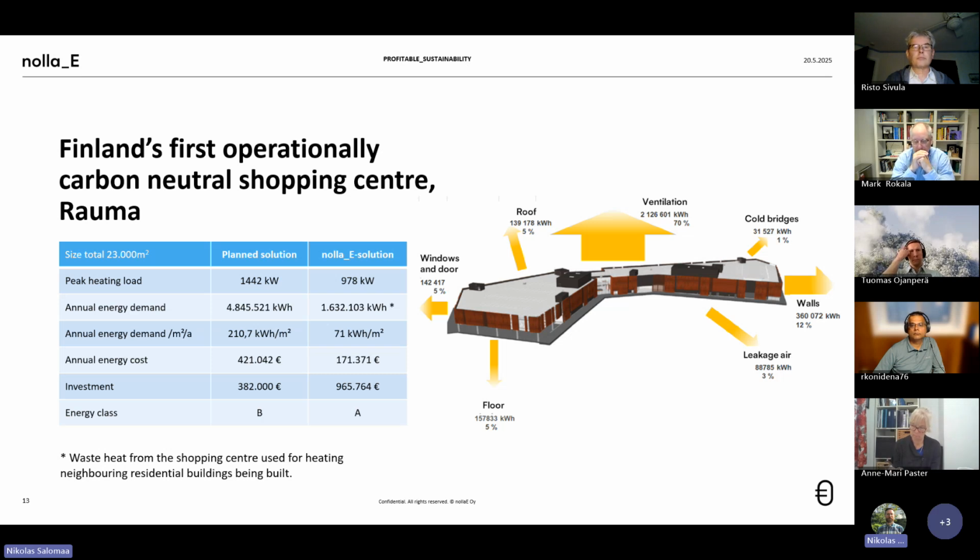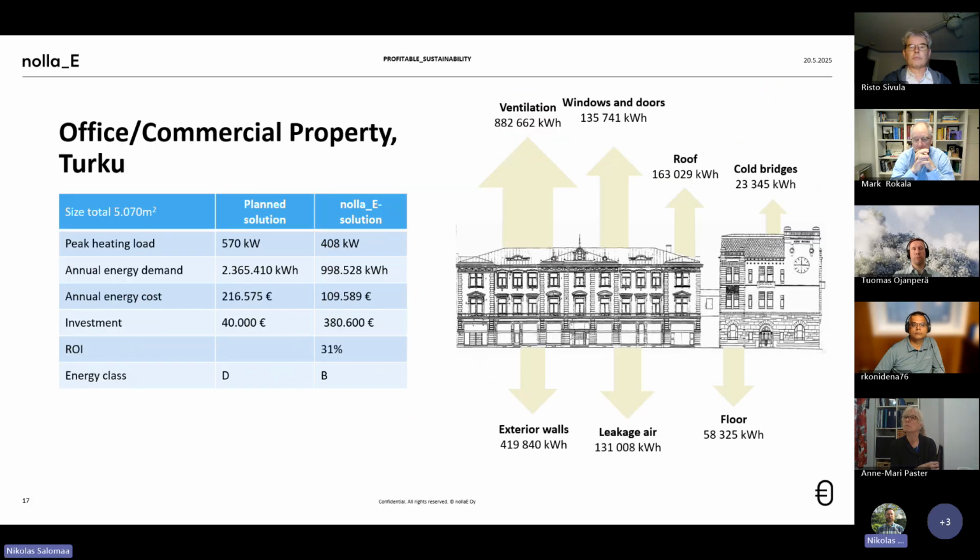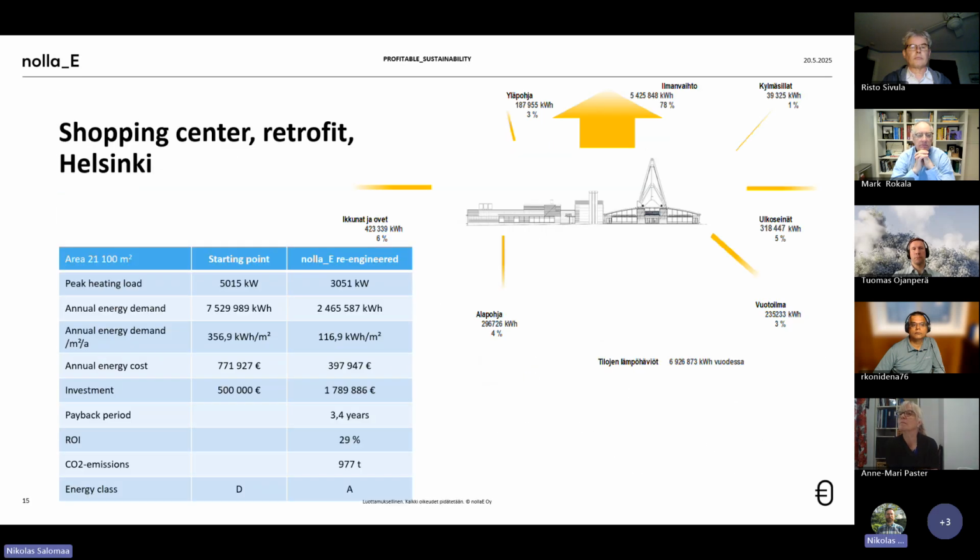They are actually a possibility to have a lot more profitable and valuable buildings if you do it the right way. It's an opportunity to have a lot more valuable buildings and a lot bigger yields.